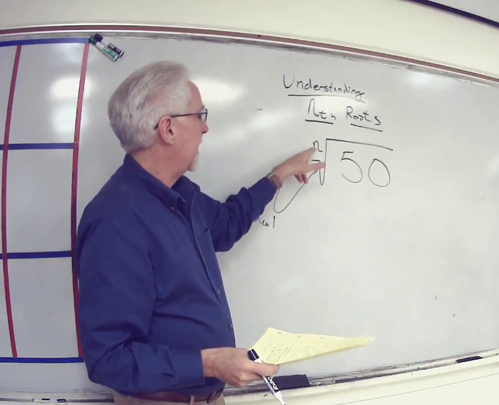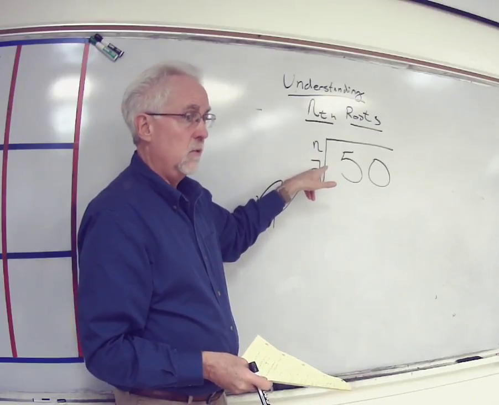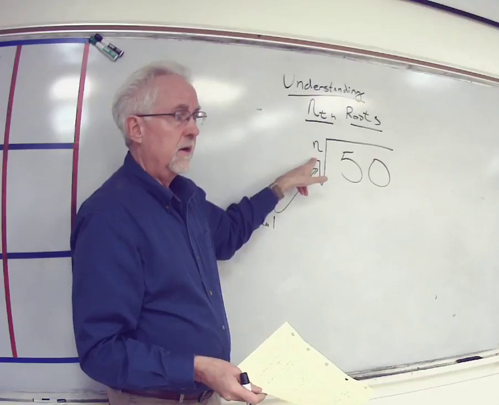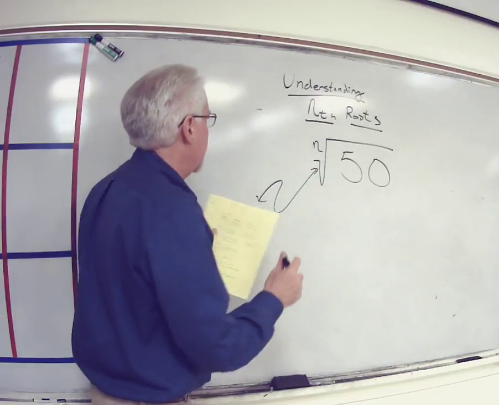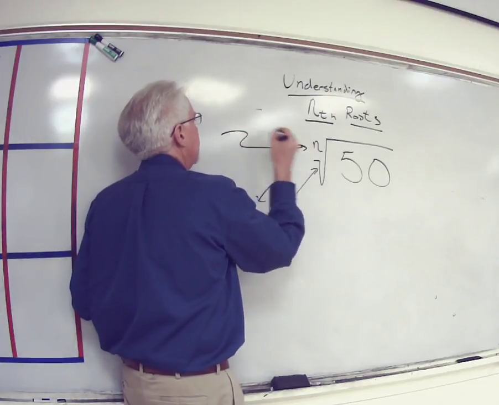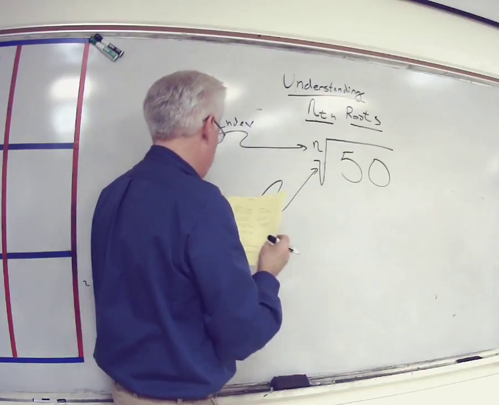If the radical has a 2 there, it's the square root. If the radical doesn't have anything, you assume that it's a what? Square root. A 2. And if it's anything other than 2, you need to put a number there. So this is the index. This is the radical.